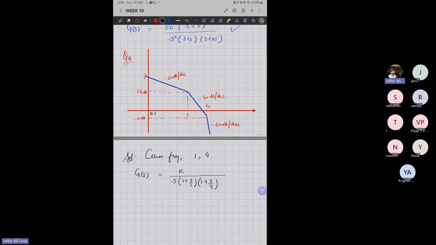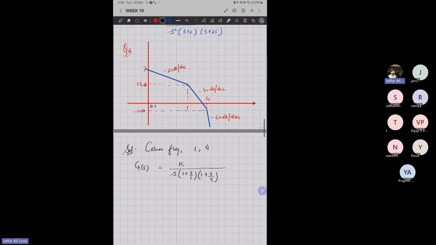Anybody else got 6? Ramya again got the same answer, and Ramya is actually correct. K should be 5.011. That's roughly equal to 5. Yes, Naveen is also correct. K should be 5.011. And the magnitude is 34 dBs. That's also correct. So it should be 34 dBs.